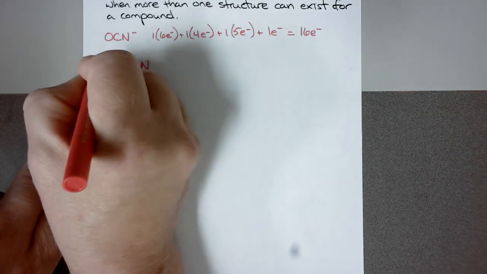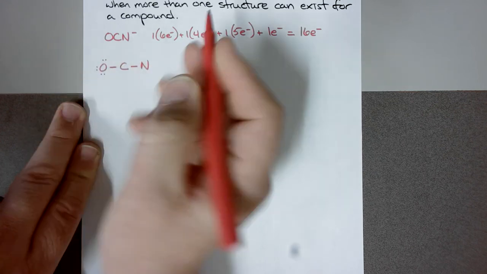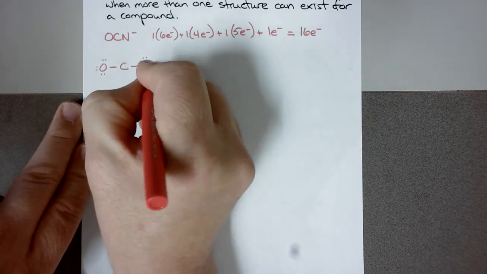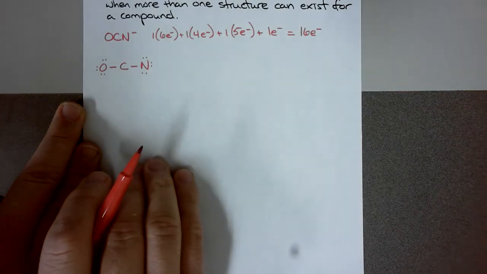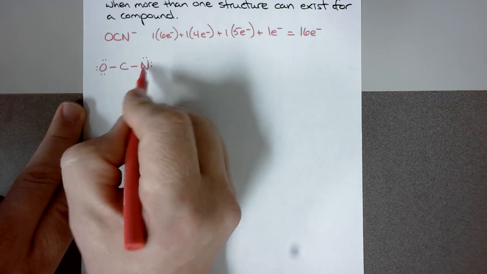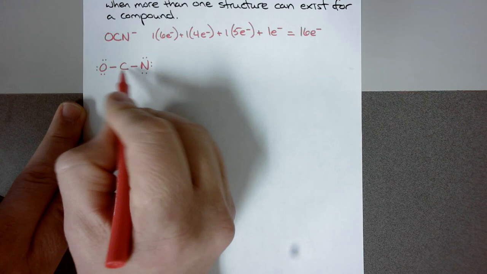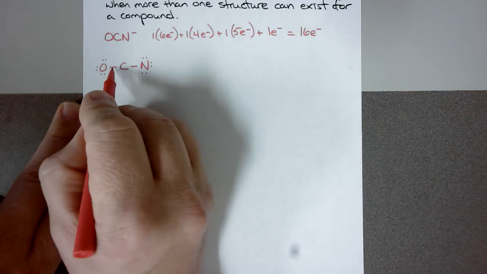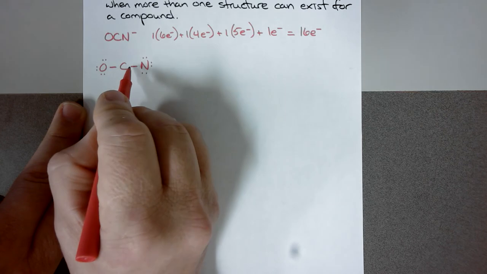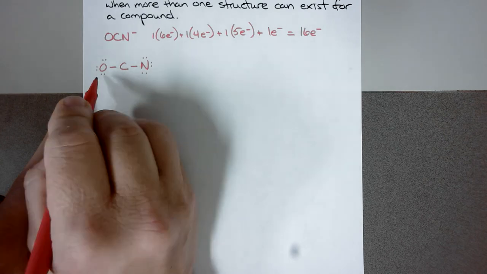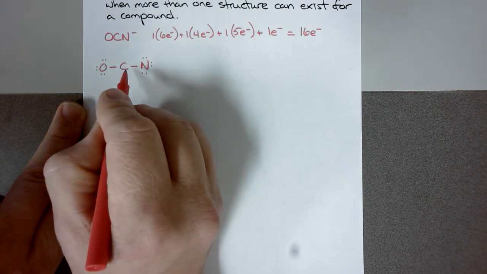And so I have 2, 4, 6, 8, 10, 12, 14, 16 electrons. So I've used the 16. I know this nitrogen has 8 valence, and this one has 8, but my carbon only has 4 electrons, so it needs 4 more. So I'm going to take from the rich. Now I'm going to go ahead and take from nitrogen first because it's the least electronegative.